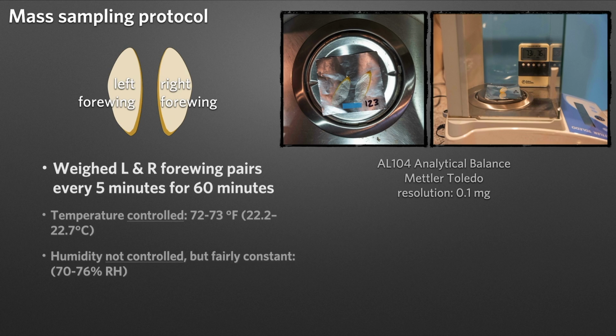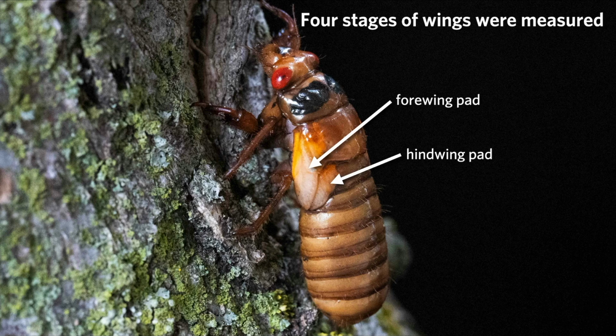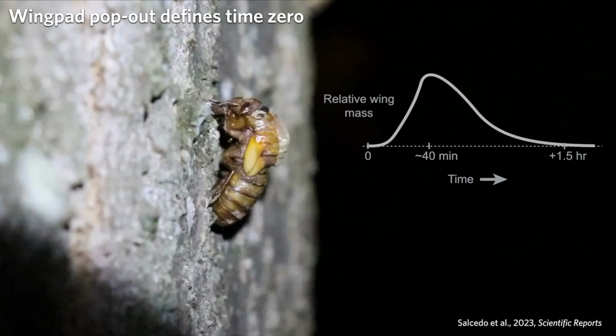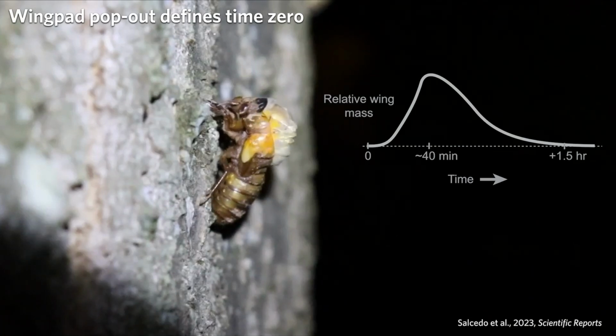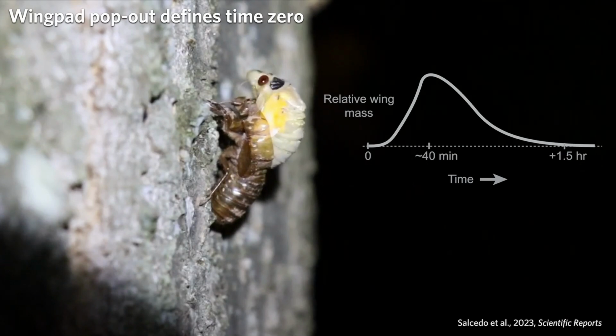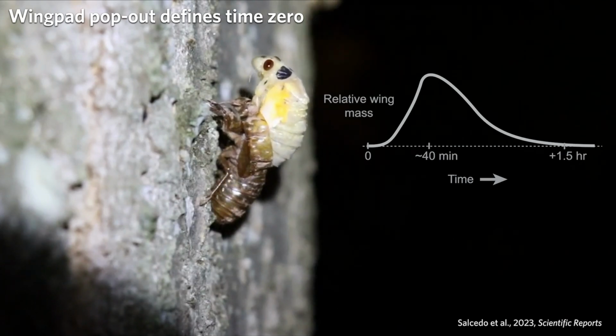So we had 4 stages of wings, and to understand this, I want you to see this nymph here. It has a forewing pad, and it has a hindwing pad, and this is a key to the timing here. So if we watch this animal emerge again, we see the wing is coming out of its case, and at this point, it will pop out.